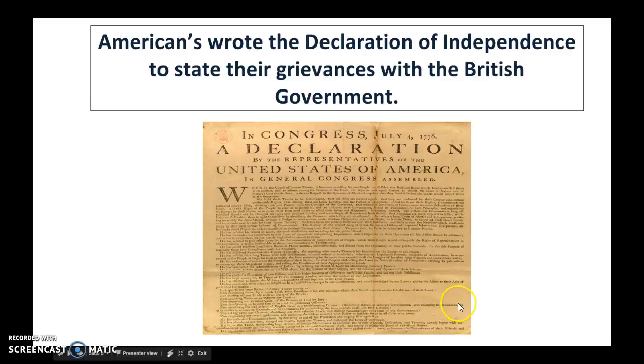It was written, of course, by Thomas Jefferson, and it was essentially a way that America justified their split from England with a statement that heavily leaned on British Enlightenment philosophy and a list of the problems or issues that America had with England.